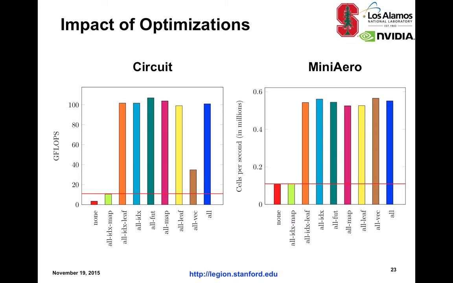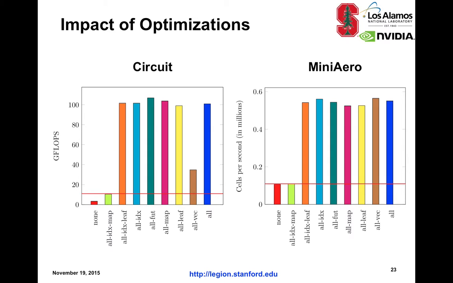When we disabled two optimizations at the same time, we found something really interesting. In each of these graphs, the red horizontal line is the sequential performance, the best sequential performance of a Regent implementation on these applications. And what we found is that when disabling, for example, both index and mapping optimization, the code ran sequentially.